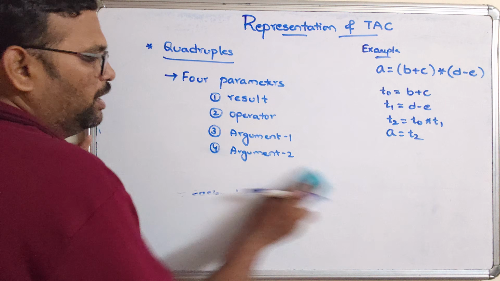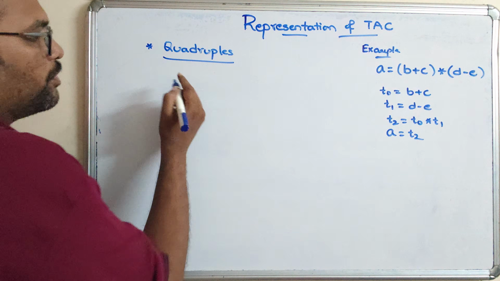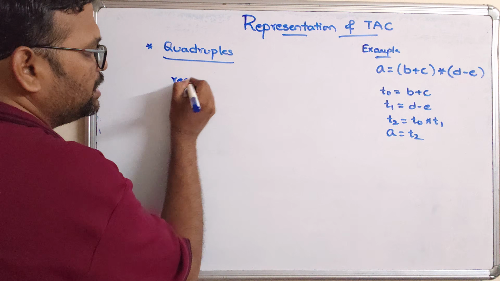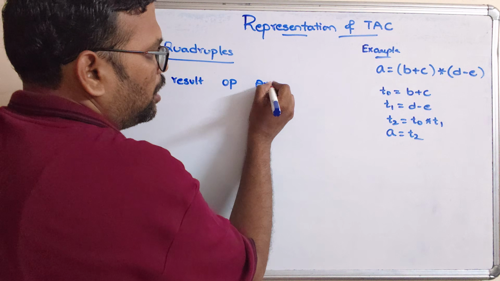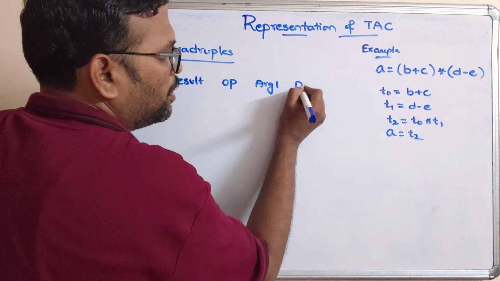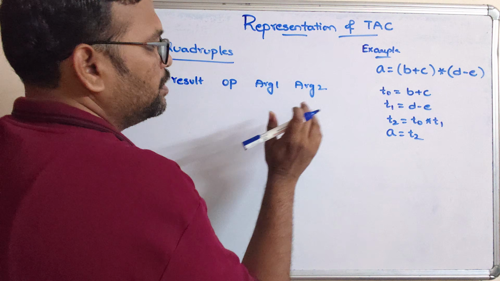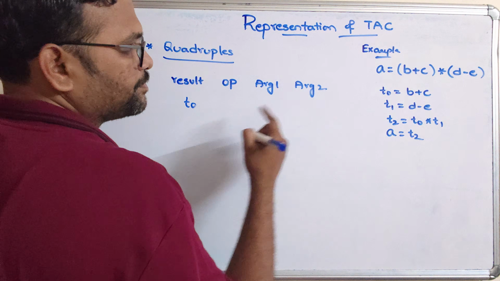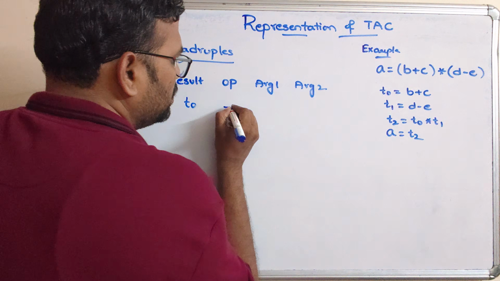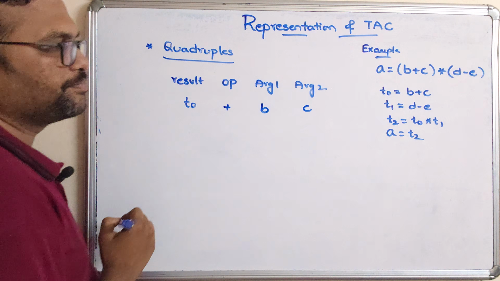I'll erase this one, and let us see the four parameters: result, operator, argument 1, argument 2. Let us take this one. Result is temporary variable t0, and this is an addition between b and c.